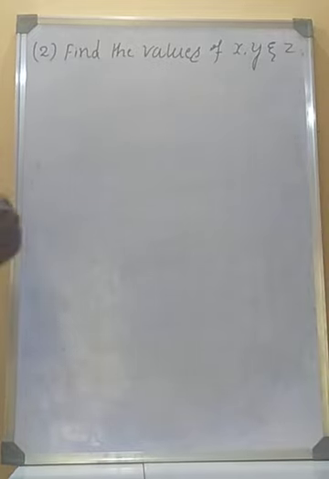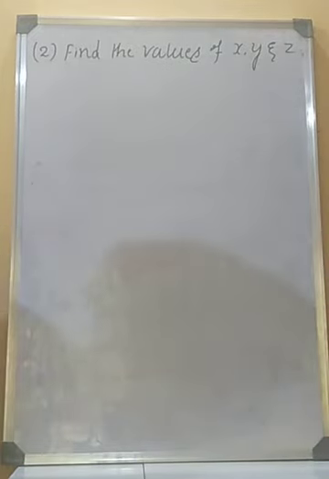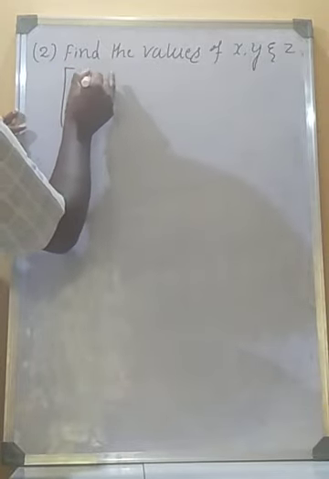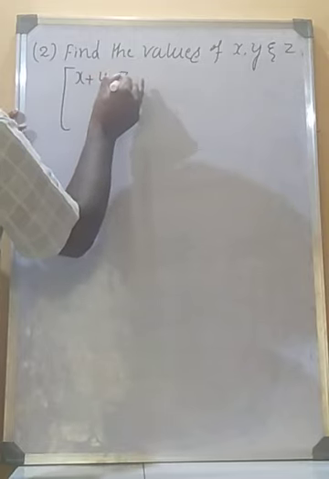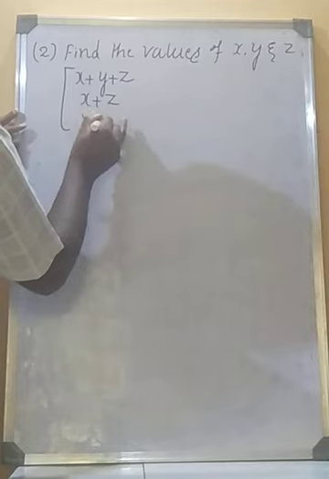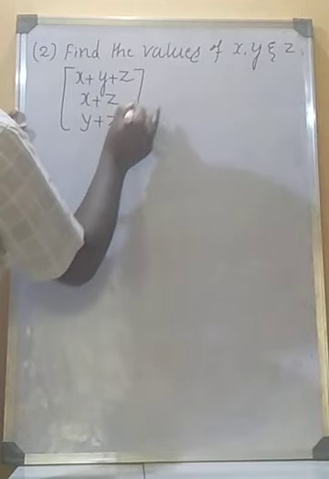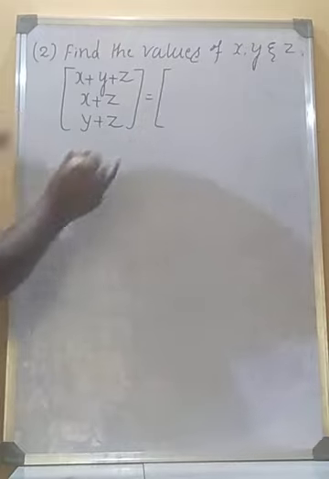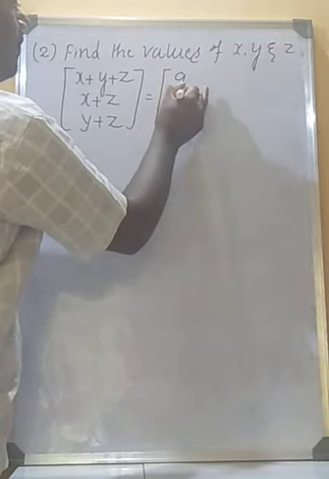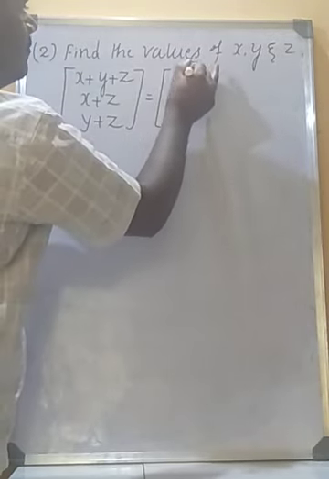One more example: find the values of x, y and z in the following matrices. The column matrix with entries x plus y plus z, x plus z, y plus z is equal to the right-hand side matrix 9, 5, 7.